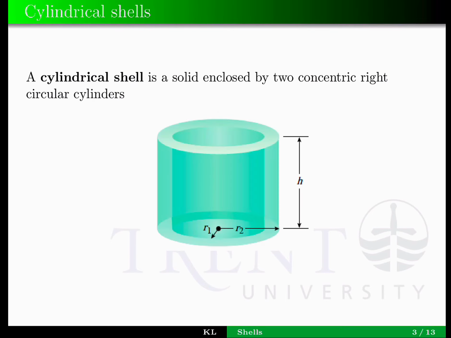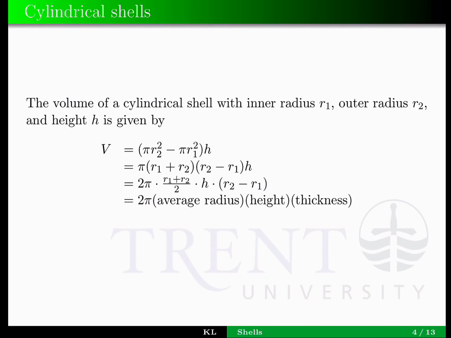The change in radius, if you look at this, is basically the thickness of your cylindrical shell. This one here is r2 minus r1, so that is our thickness. Here, you have r1 plus r2 divided by 2. But that's just the formula for the average of two numbers: given a and b, the average is just the sum divided by 2.